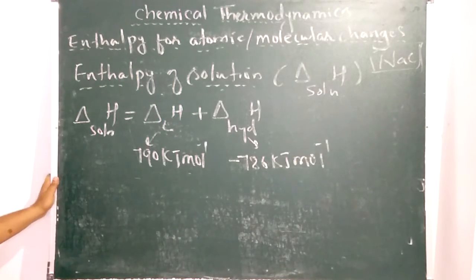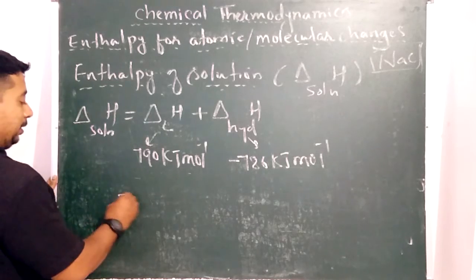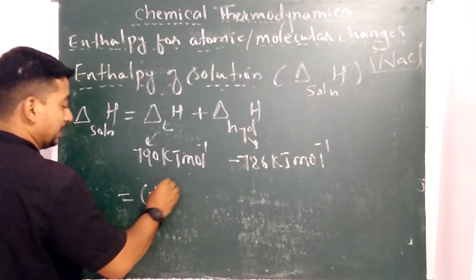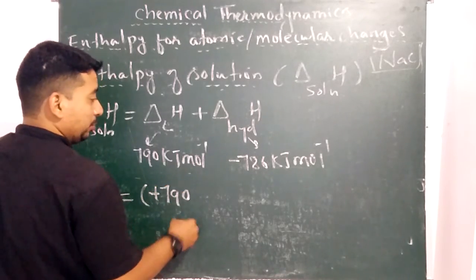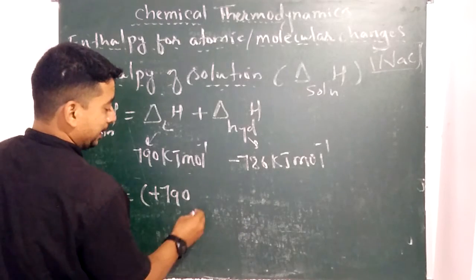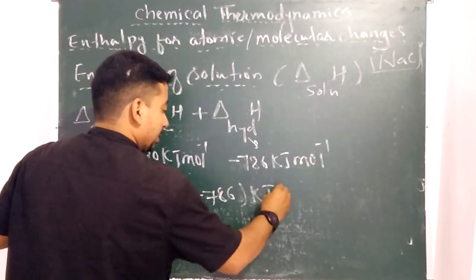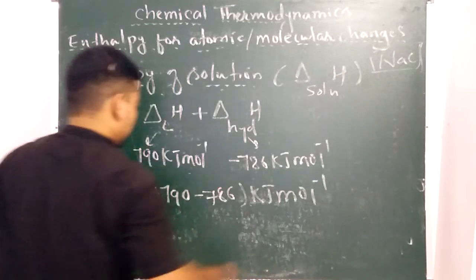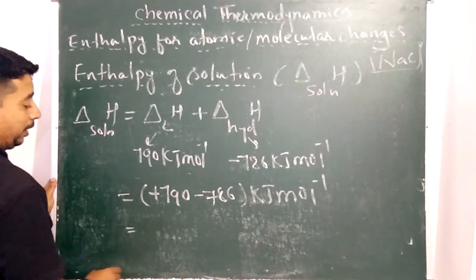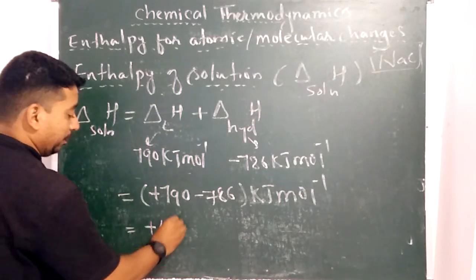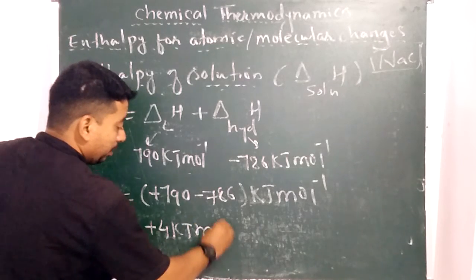Now this will be equal to plus 790 kilojoule per mole, taking kilojoule per mole common outside the bracket, minus 786. So the enthalpy of solution for NaCl will be equal to plus 4 kilojoule per mole.